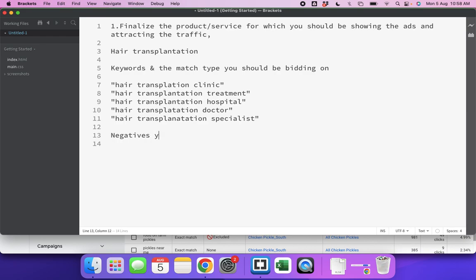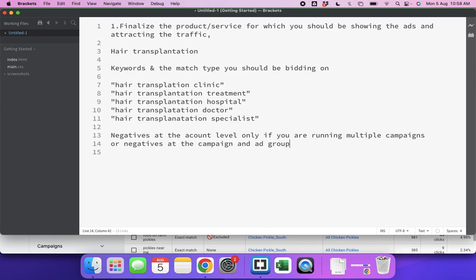Negatives at the account level only if you are running multiple campaigns, or negatives at the campaign and ad group level based on the structure of your accounts.